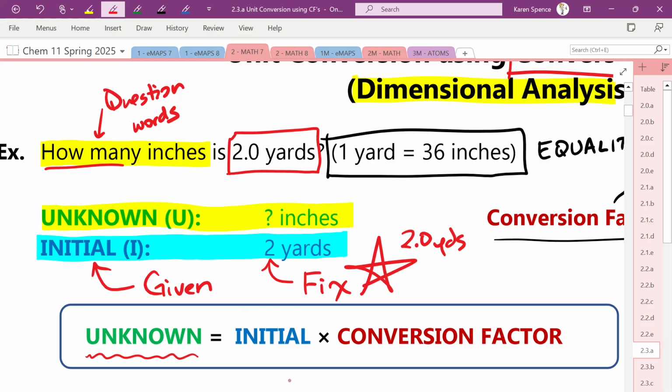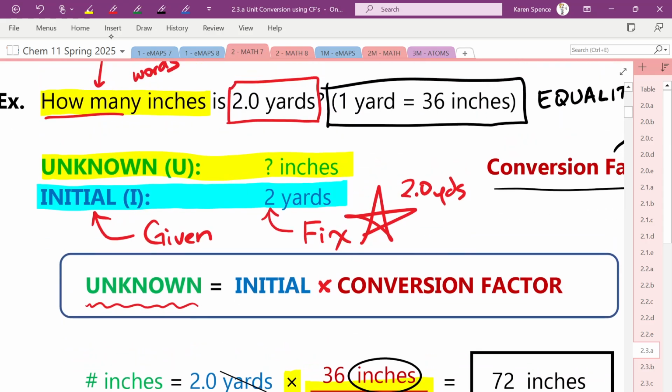Equals, you're going to start with your initial quantity and you are going to multiply it by your conversion factor. So it's always going to be your unknown is equal to your initial times your conversion factor. All right? And we'll get into things where we do unknown equals initial times conversion factor times conversion factor times conversion factor. All right? But for now, we're going to just start with 1.